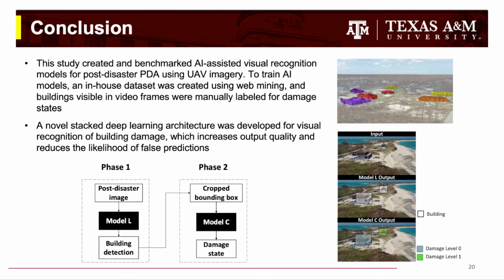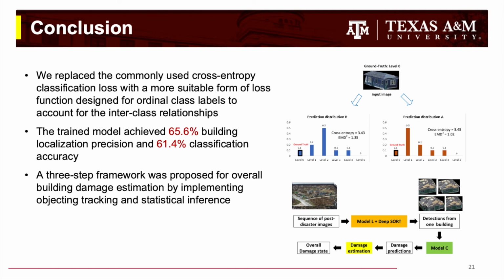In summary, this study improved AI-assisted models for post-disaster PDA using aerial imagery. To train AI models, an in-house dataset was created for the model training. And also a stack PDA architecture was developed for aerial PDA. And we replaced the commonly used cross-entropy loss with EMD square to account for the interclass relationships.